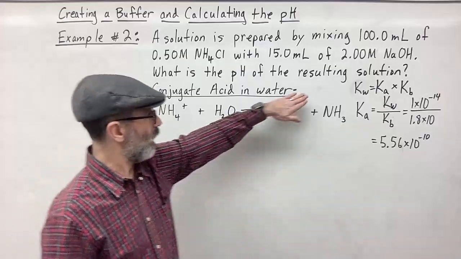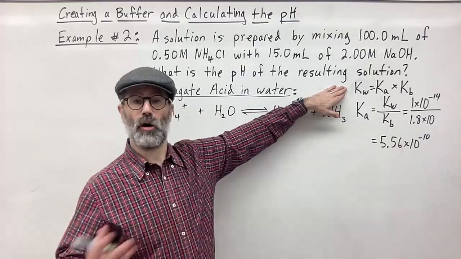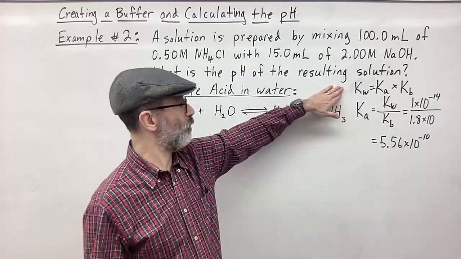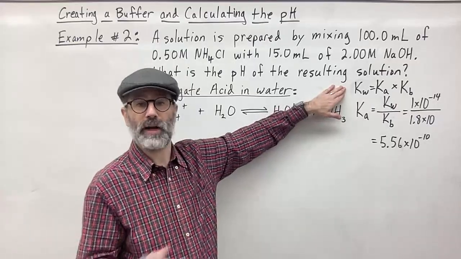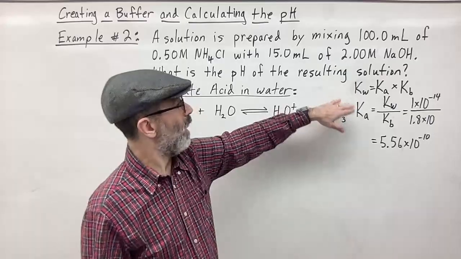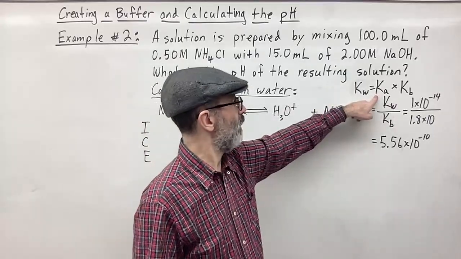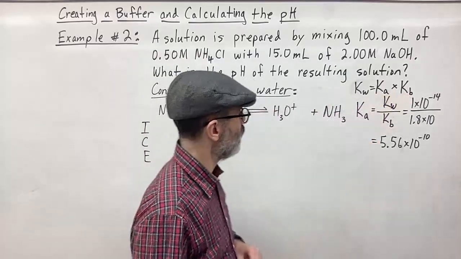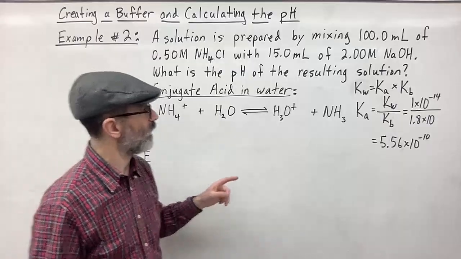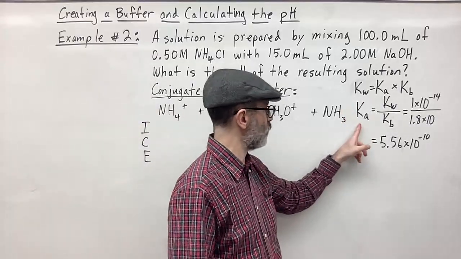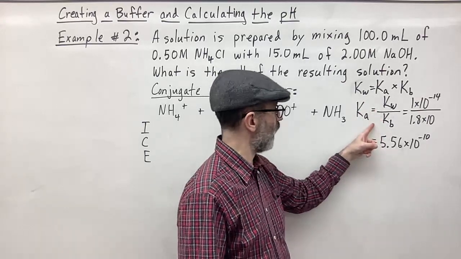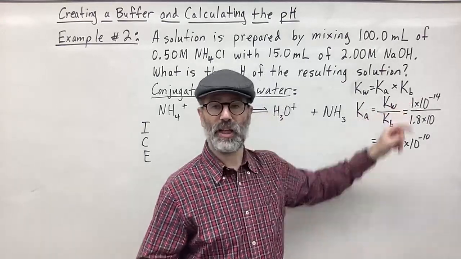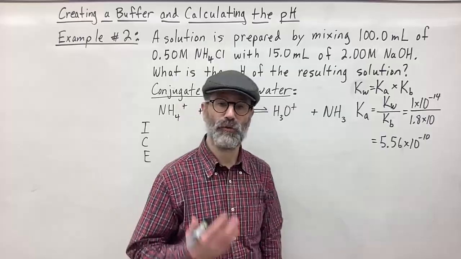And then using this equation, which you all should know, right? So Kw, the equilibrium constant of the autoionization of water, is equal to the Ka times Kb. Right? So then if you solve this equation for Ka, that's going to be equal to Kw over Kb. You should know that Kw is 1 times 10 to the negative 14.